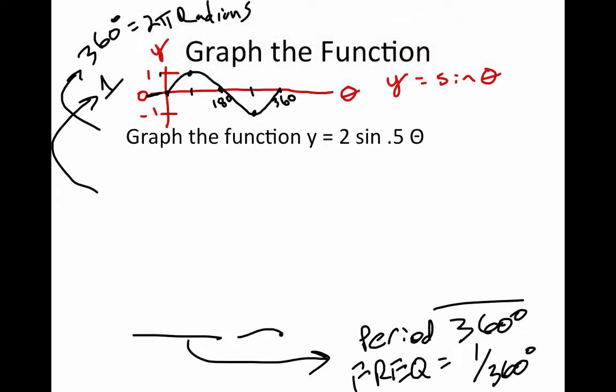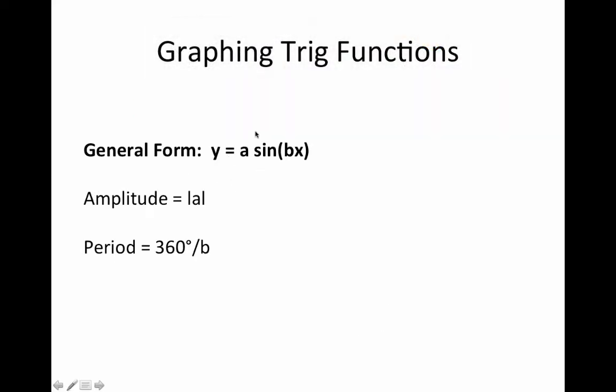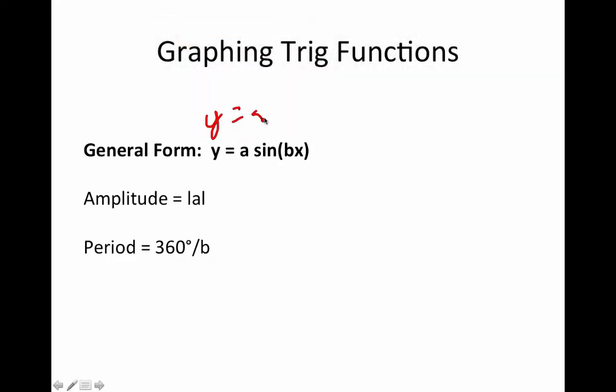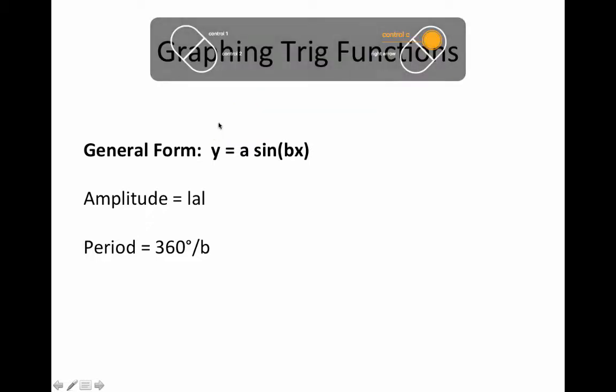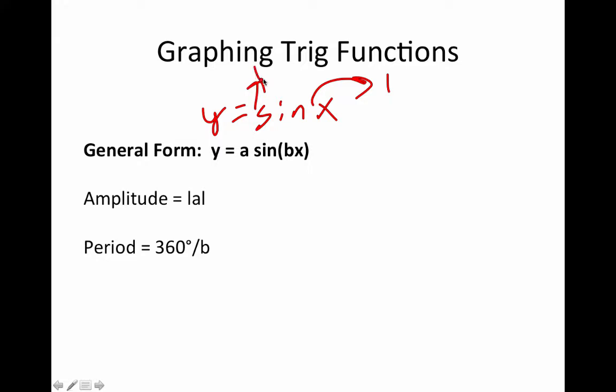Here's the key. The one that we just had back there, we wrote as y equals a sine bx. The one we just did was y equals sine of x, where my value of b was 1 and my value of a was 1.